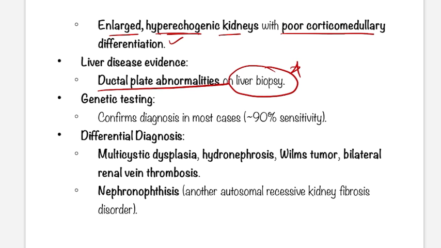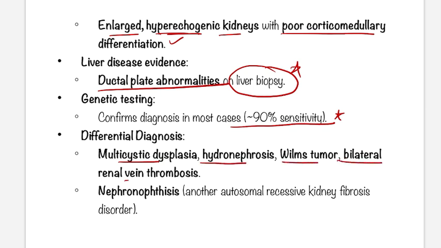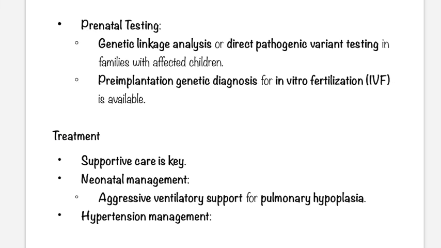Genetic testing, as we discussed earlier, is 90% sensitive. Are there any differential diagnoses? Yes: multicystic dysplasia, hydronephrosis, Wilms tumor, bilateral renal vein thrombosis, and nephronophthisis can also be seen.